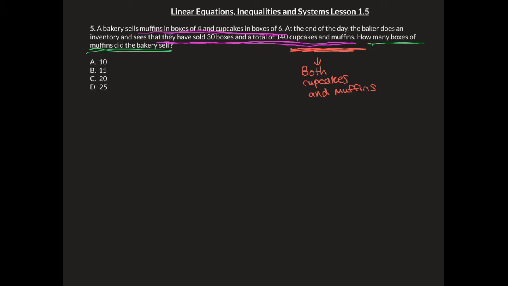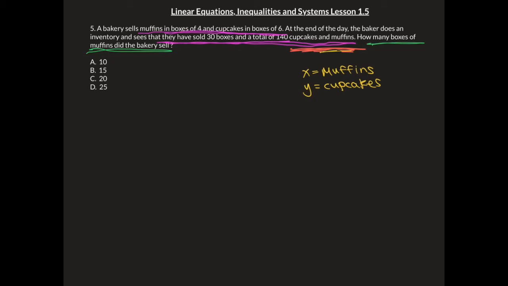So right here, we'll make x equal to muffins, and then y is equal to cupcakes. Since y is equal to cupcakes and x is equal to muffins, now we can just use x and y when we're solving, and then at the end, once we've found x and y, we can just translate it into muffins and cupcakes.